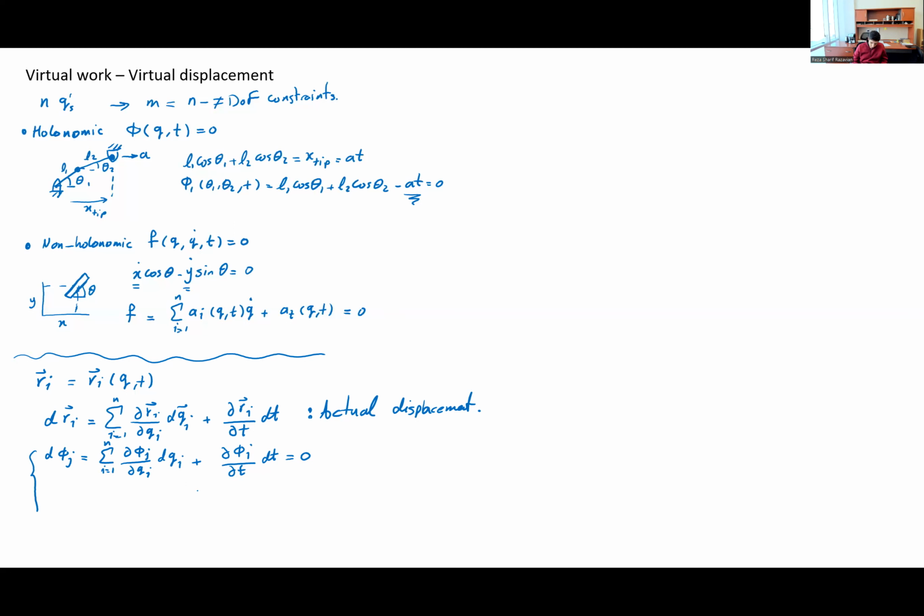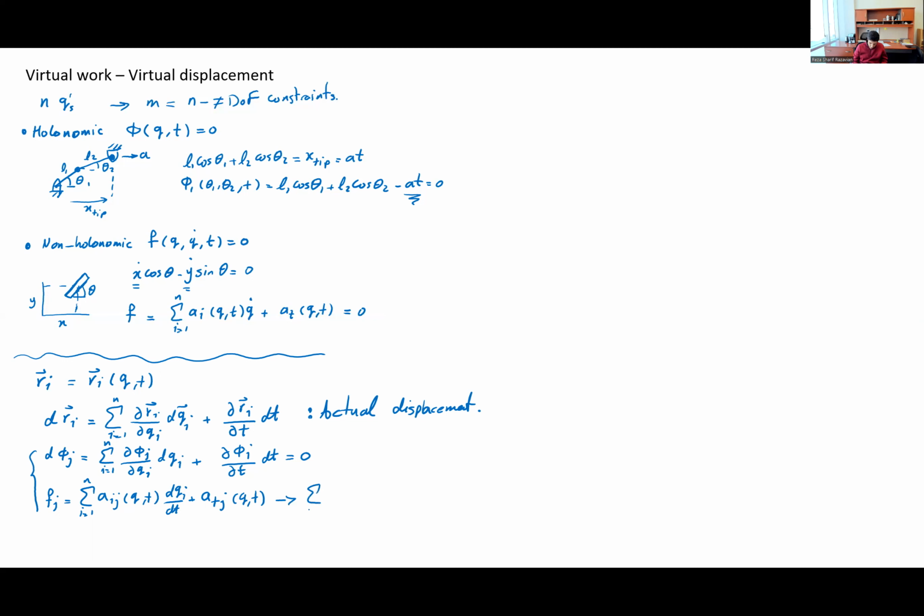Or if we have a non-holonomic constraint, let me write this f_j as the sum of a_ij of q and t times q dot_i, i equals 1 to n, plus a_tj of q and t. Instead of q dot, I'm going to write dq over dt, dq_i, and then multiply by dt to write the equation in differential form.